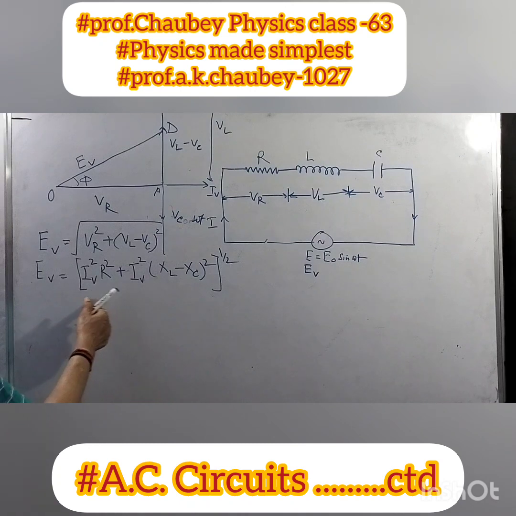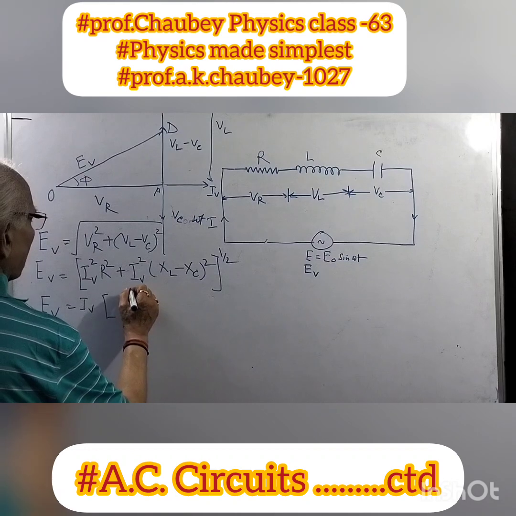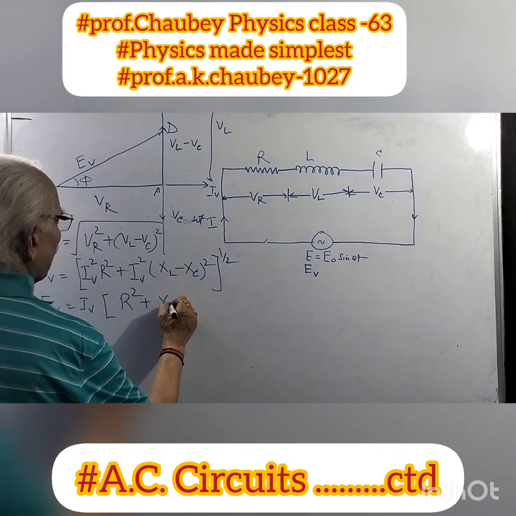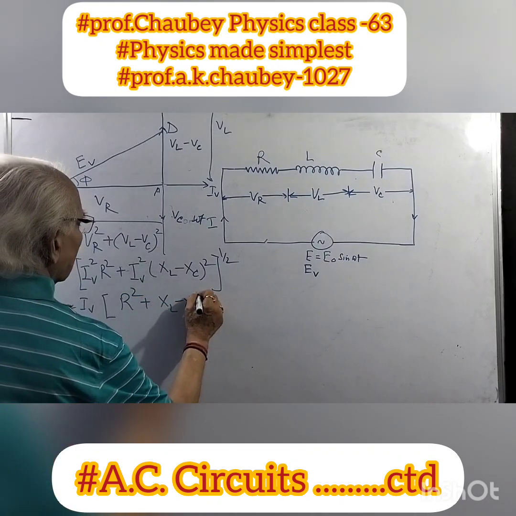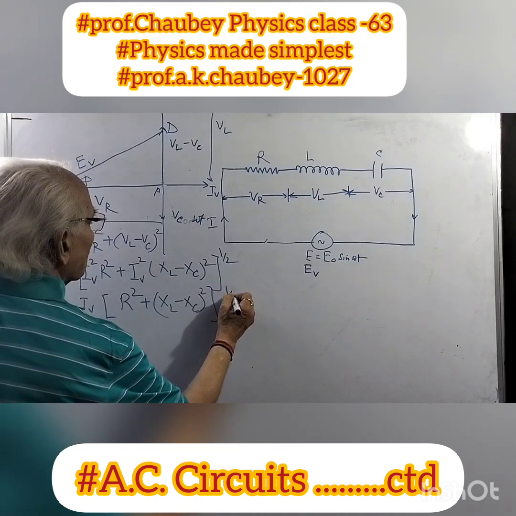So IV we can take outside. EV is equal to IV outside, and then R square plus XL minus XC square, to the power 1 by 2.